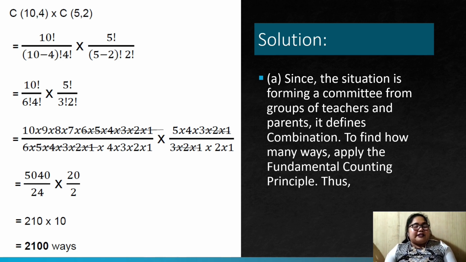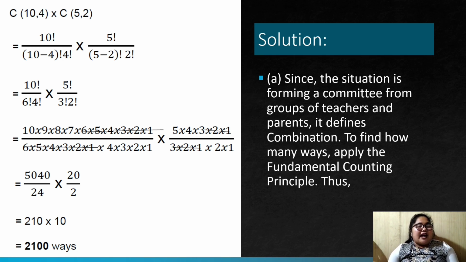Let's simplify. 10 minus 4 is equal to 6, therefore 6 factorial and 4 factorial, times 5 minus 2, which is 3 factorial times 2 factorial. To simplify, we will omit the factorial and multiply the numbers in descending order.